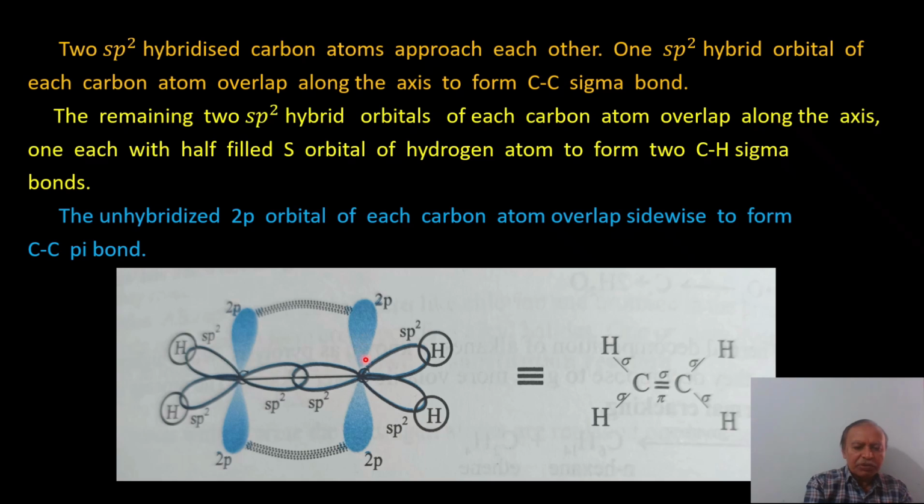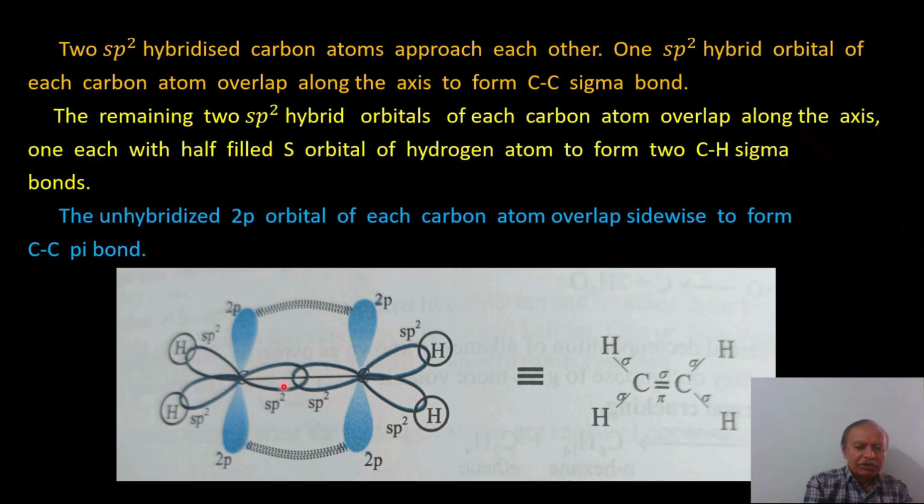They are lying perpendicular to the plane of the three hybrid orbitals. These are all lying in the same plane, but these are p orbitals, not hybridized. So they will be perpendicular to the plane of the three sp2 hybrid orbitals.